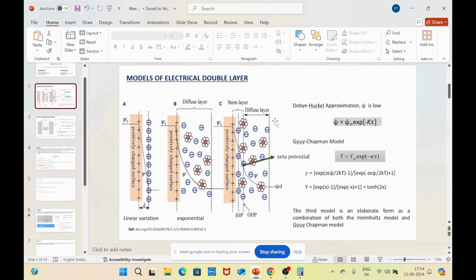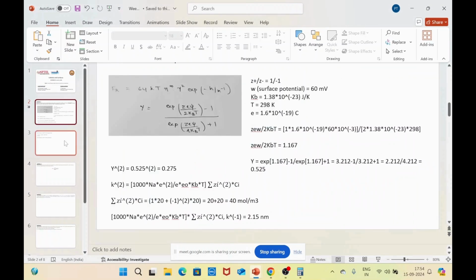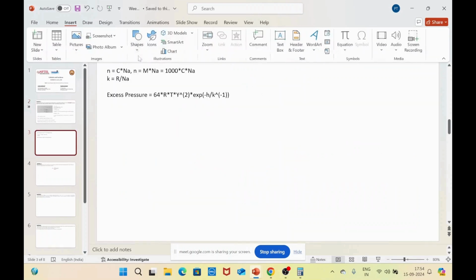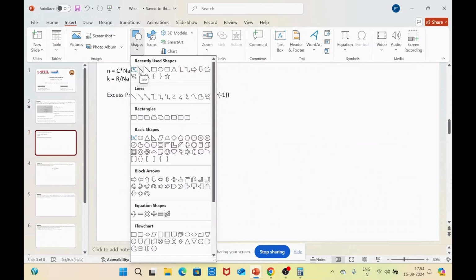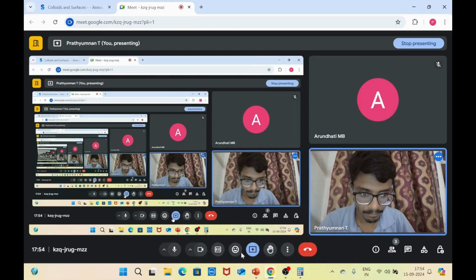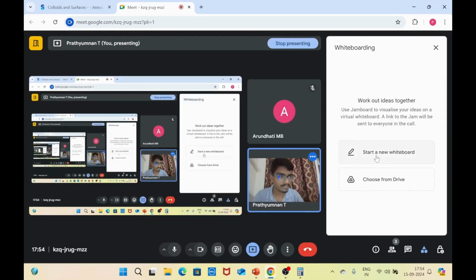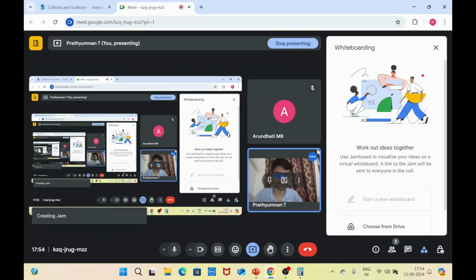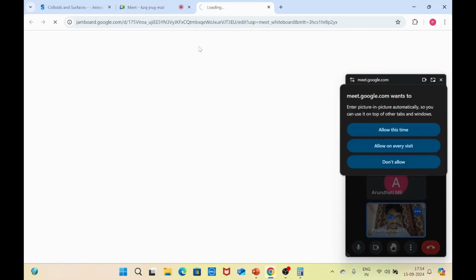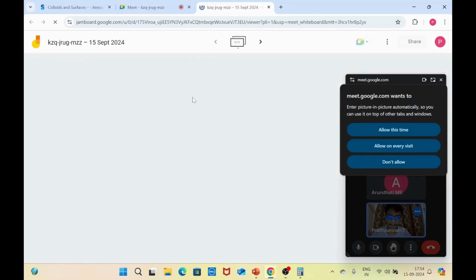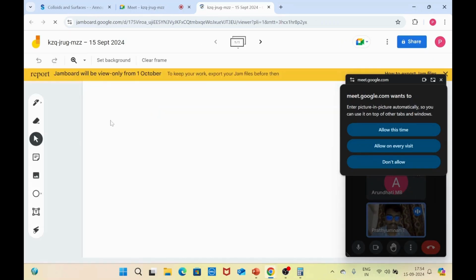So you can take it as bulk itself. So just a second, I'm opening the Jamboard. Can you see this whiteboard?